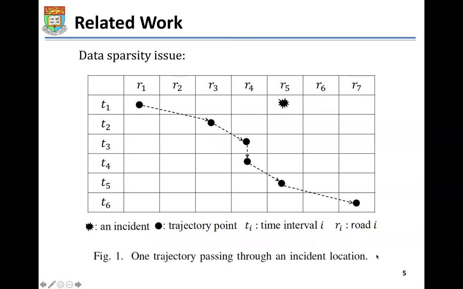Note that we can't obtain the spatial feature difference of roads R4 and R6 at time window T2 because the features in cells T2 R4 and T2 R6 are missing. Our research question is, can we still detect incidents when trajectories are sparse in the spatial and temporal dimensions?